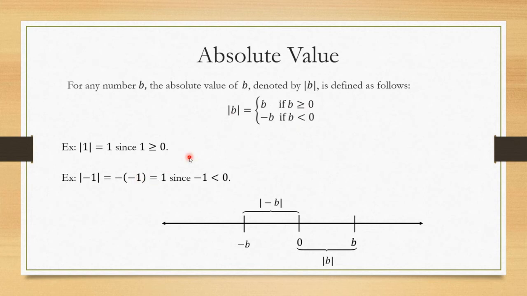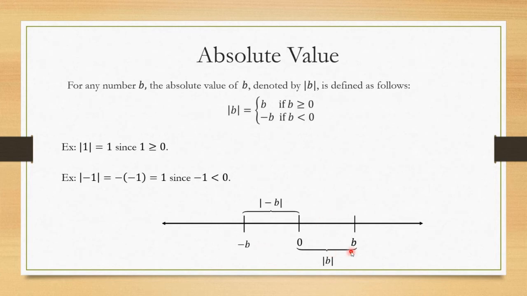But there is another way to think about absolute value. It's also distance from 0 along the number line. That definition is maybe easier because it's more intuitive. The absolute value of a number is how far that number is from 0 on the number line.